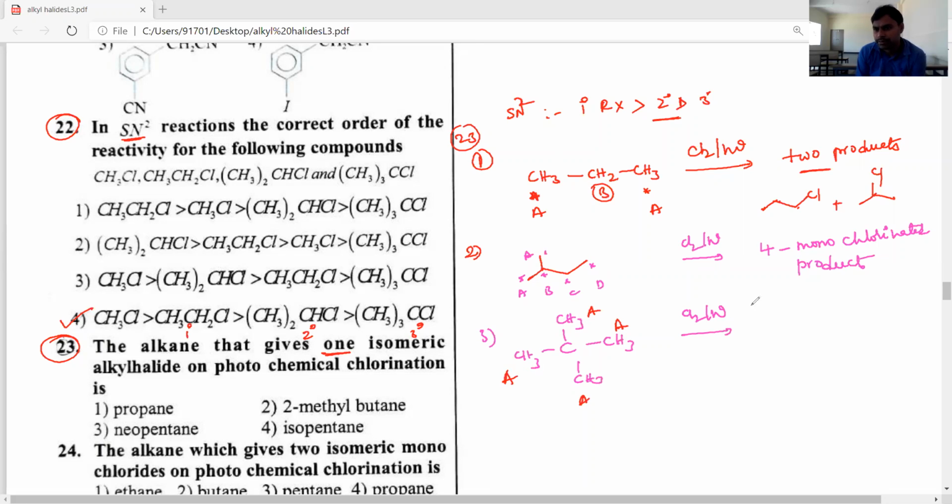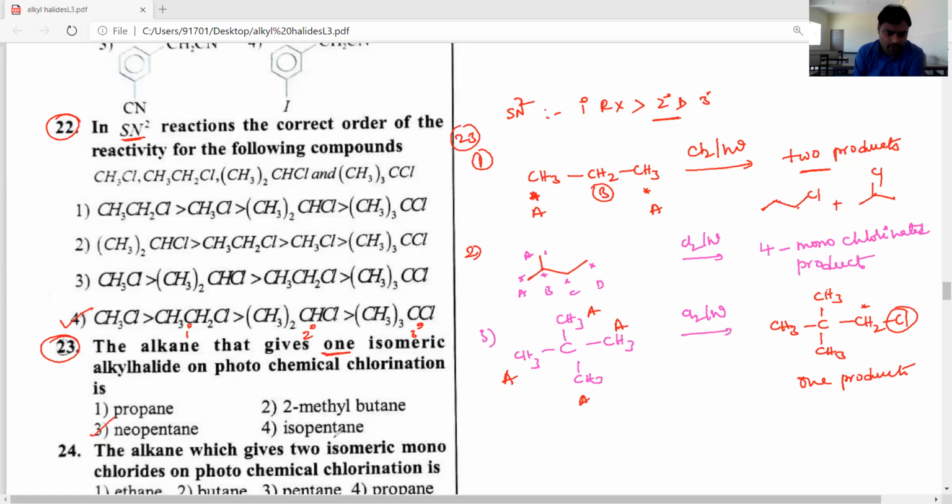So wherever you replace a hydrogen atom with chlorine, it will produce only one kind of product. Here also the same. That's one product. So the answer is neopentane.